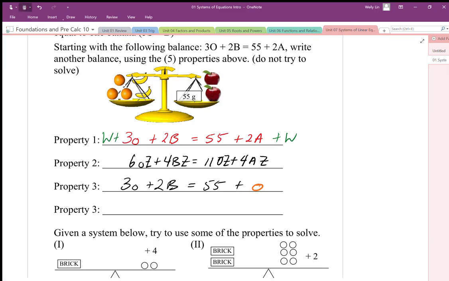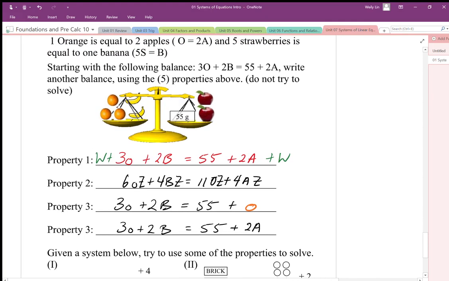I could also do a different replacement. I have 3 oranges and 2 bananas is 55 grams plus 2 apples. And what I'm going to do is, I think I'm going to replace each of these bananas with 5 strawberries. So 2 bananas is going to balance off 10 strawberries.